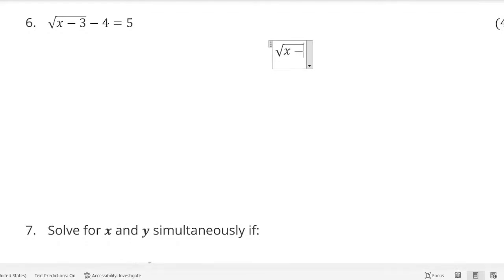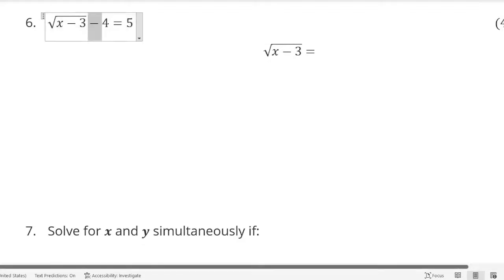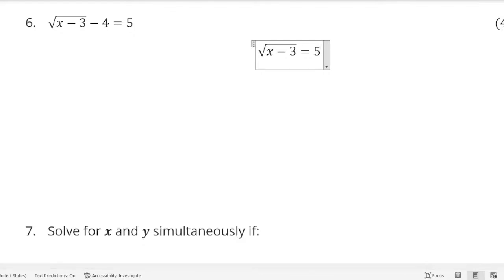So here we have root of x minus 3, and remember we have this constant, a number without x, of -4, and the left hand side is equal to 5. So we're going to transpose, we're going to take the -4 to the other side, so it's going to be 5, that was on the right hand side already, plus 4.